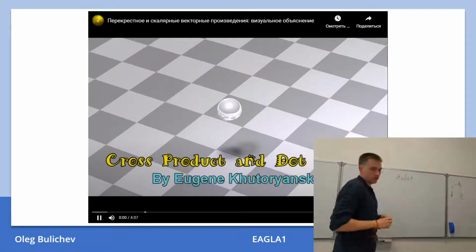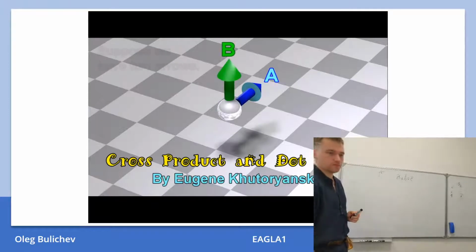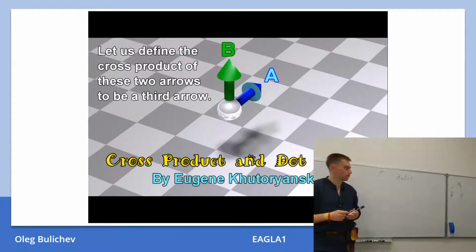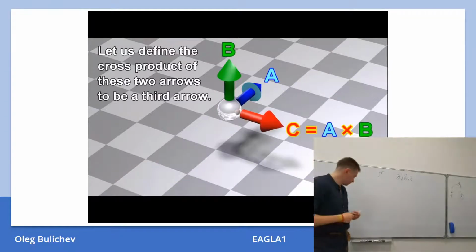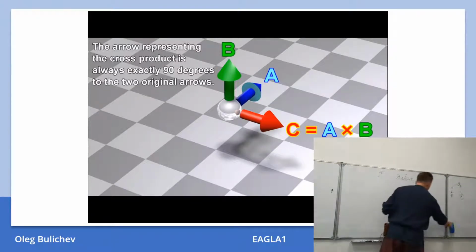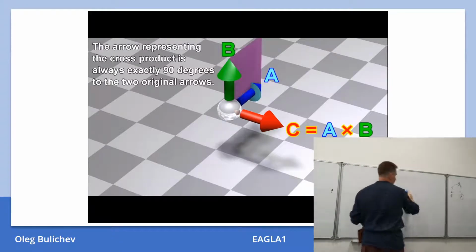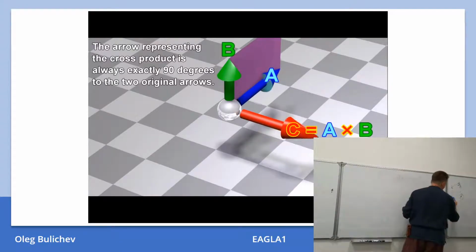There's a small video how to get. Suppose we have two arrows. Let's define the cross product of these two arrows to be a third arrow. The arrow representing the cross product is always exactly 90 degrees to the two original arrows.